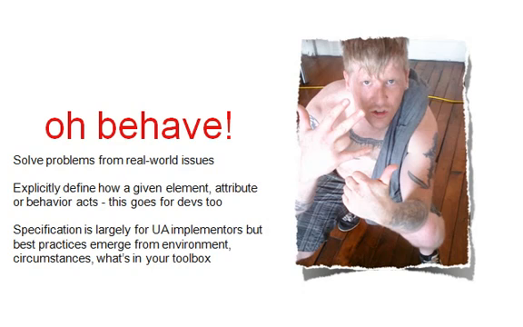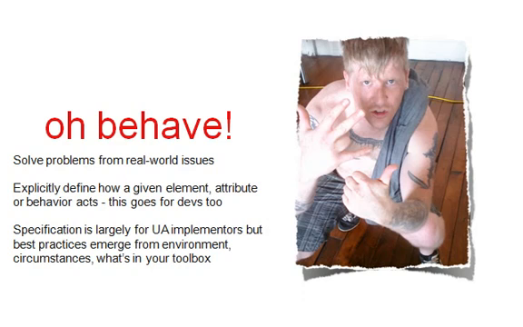One of the essences here is that we solve problems from real world issues, and the concern there is that when we set out in the early days to build languages for the web, HTML and then evolving HTML, evolving CSS, so much that we now have to be able to work from the real world issues.